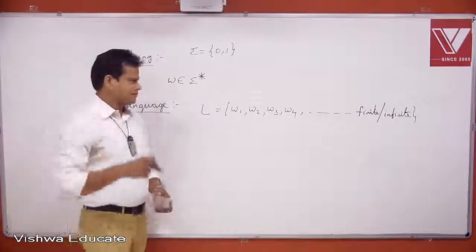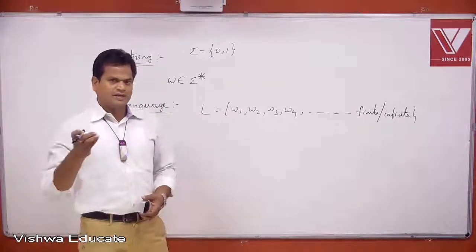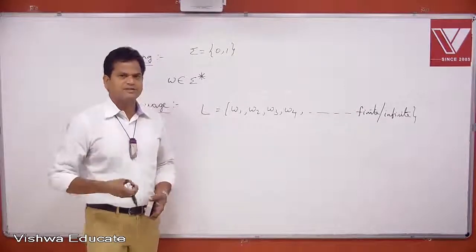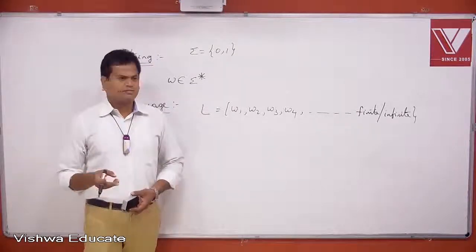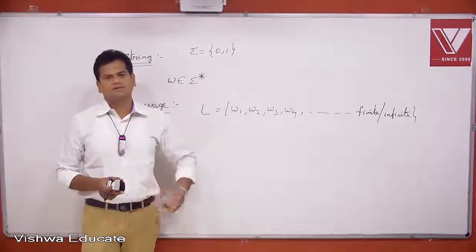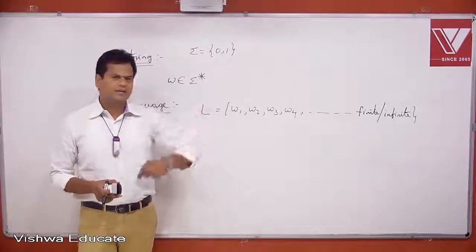Actually, we came from the idea that a finite automata is used to accept regular languages. So before going to that concept, I told you what is a string, what is an input alphabet, what is a language. Now we go back to the previous one.